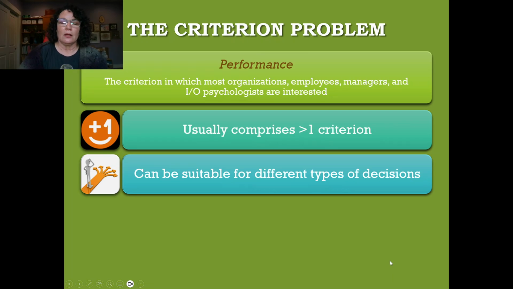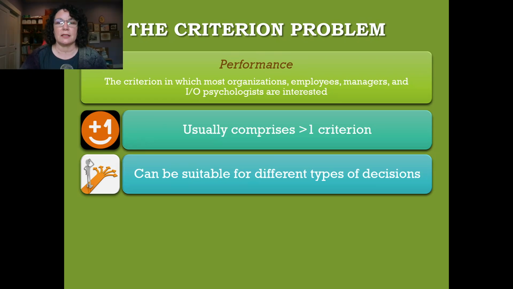So usually a criterion of performance includes more than one criterion. And usually if you can come up with a tool of some sort, a scale or an observational technique, that works for one kind of decision, like selecting a person to enter into the job, it probably also can be used for other kinds of decisions, like who should be promoted or who needs training.